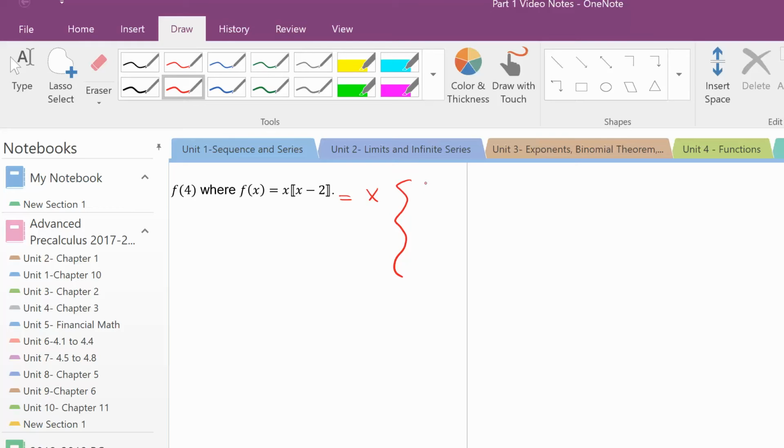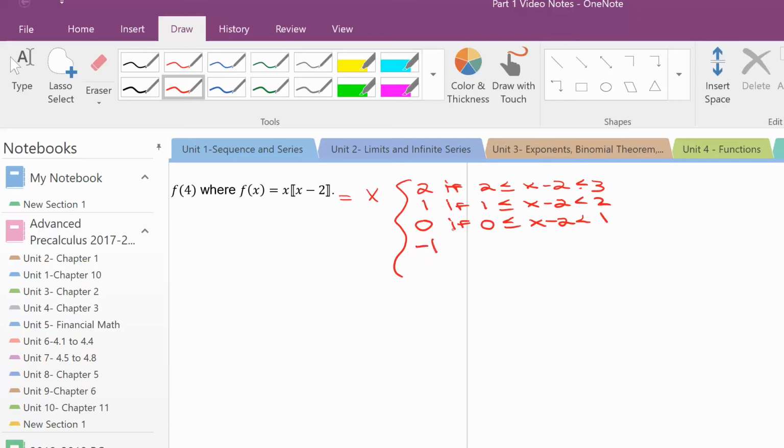So the number here will be 2 if x minus 2 is between 2 and 3. It'll be 1 if x minus 2 is between 1 and 2. 0 if x minus 2 is between 0 and 1.